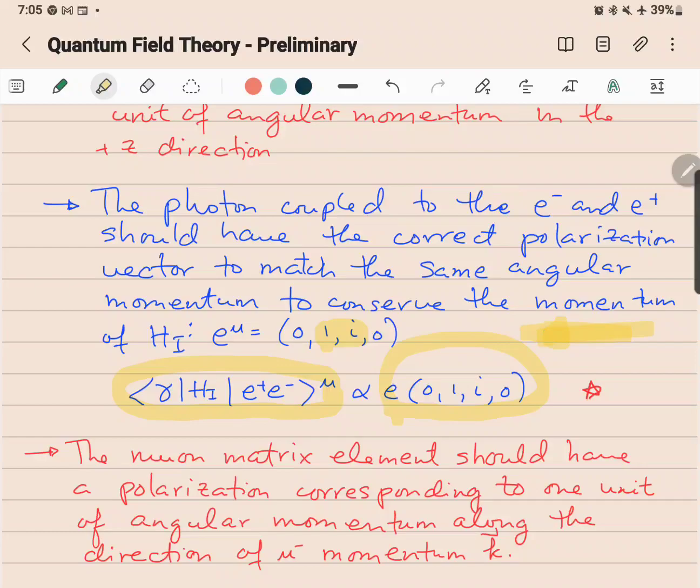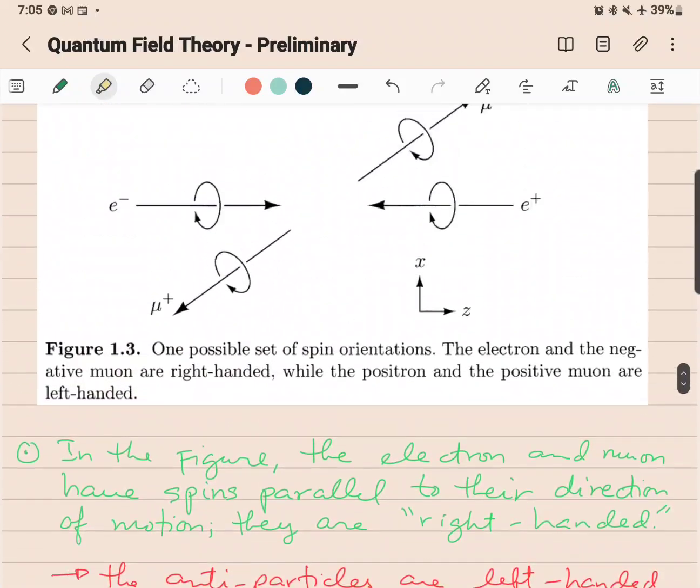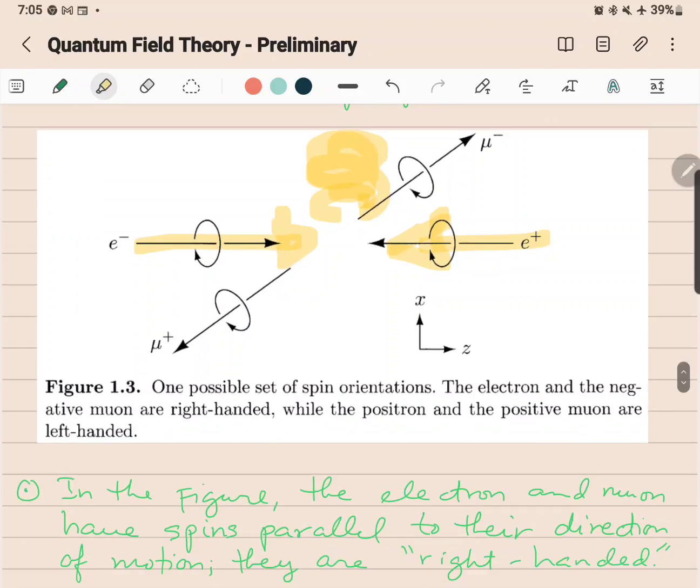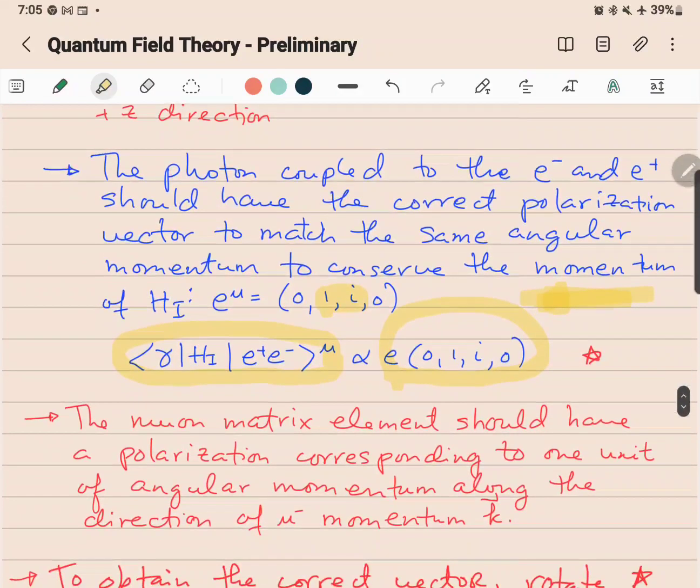So the photon would be polarized on the xy plane, going up. So this is the z direction, and the photon would be polarized up here. So that is why you only have components of x and y here.